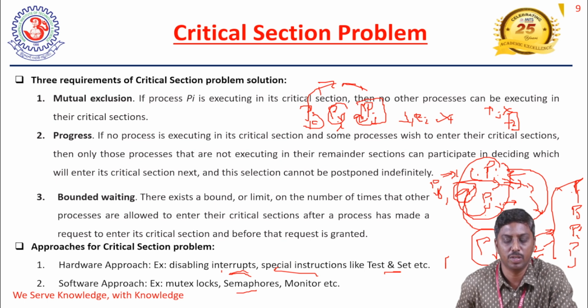Or I can create one more data structure called semaphores, or I can have a utility called a monitor. Using any of these, I can create solutions for the critical section problem. Clear? So these are the approaches. In the next class, we'll discuss the hardware approach, followed by the software approach.